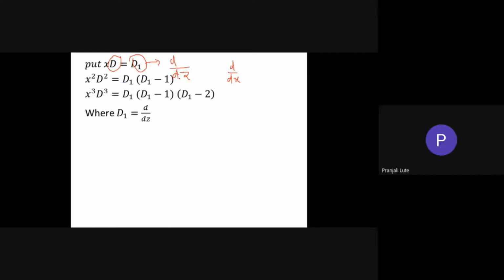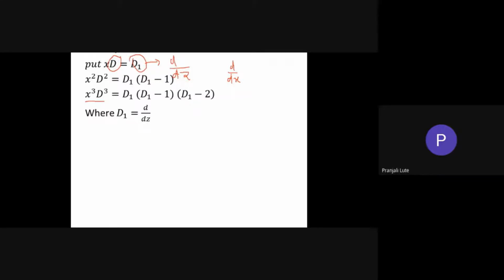So that's why we have to write here xD as D1, x square D square equal to D1 into D1 minus 1, x cube D cube means there are three terms, D1, reduce 1 we get D1 minus 1, reduce 1 we get D1 minus 2.